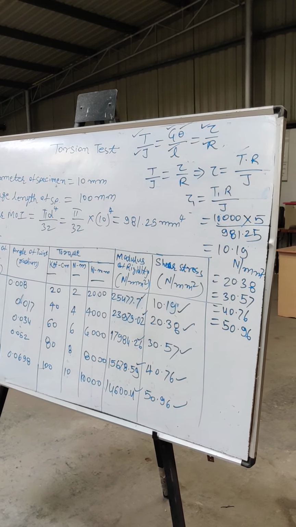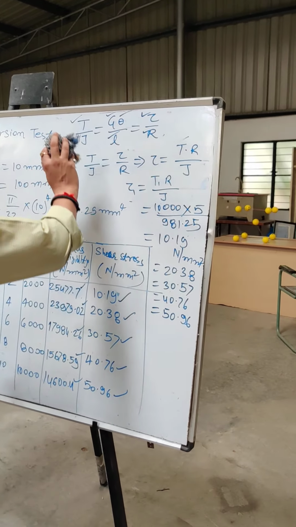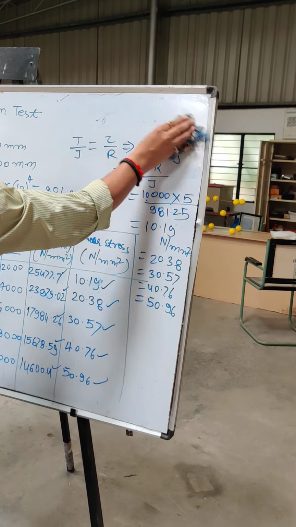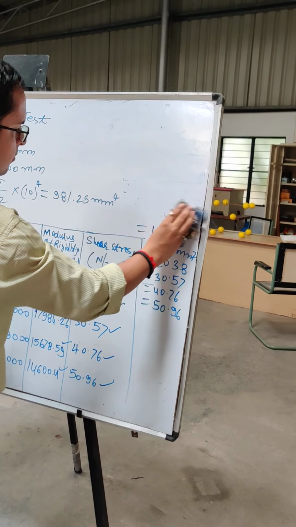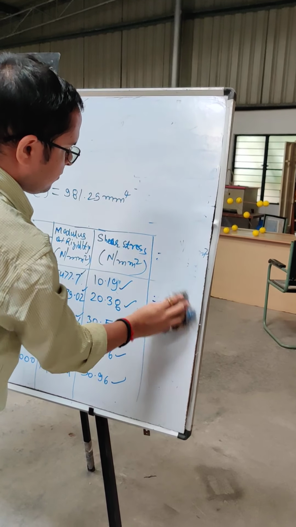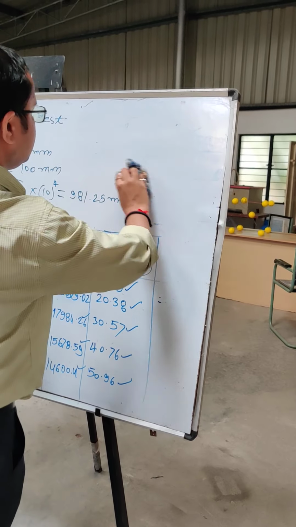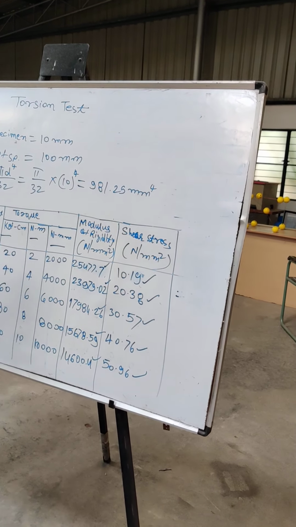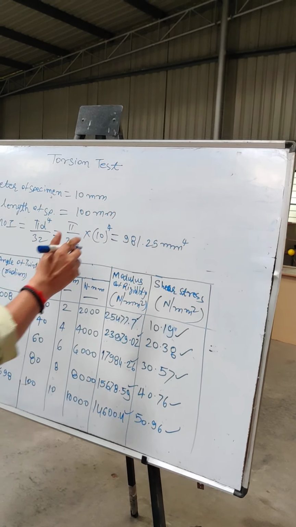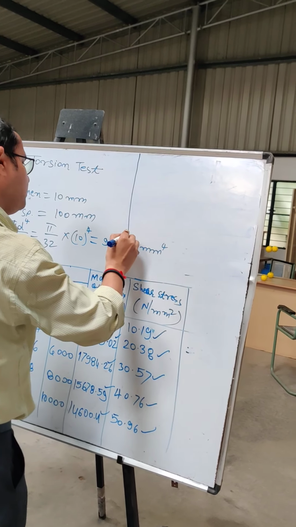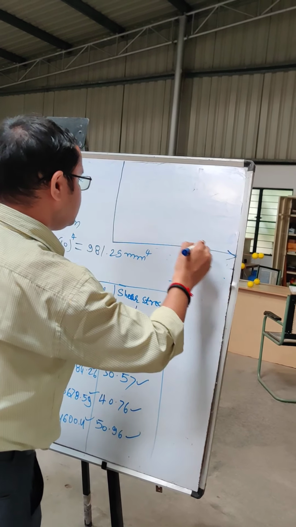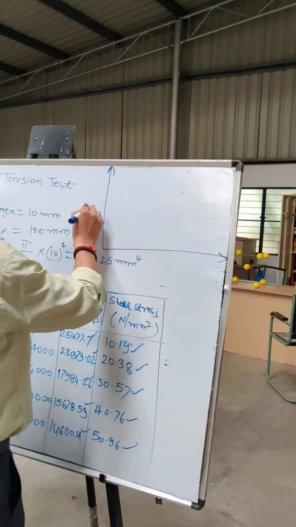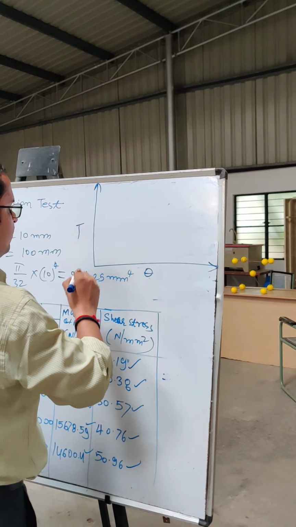So this is about the calculation. Next we have to plot the graph between T and theta. So how to plot the graph between T and theta? Here one axis I have taken is T and the other is theta, the angle of twist.